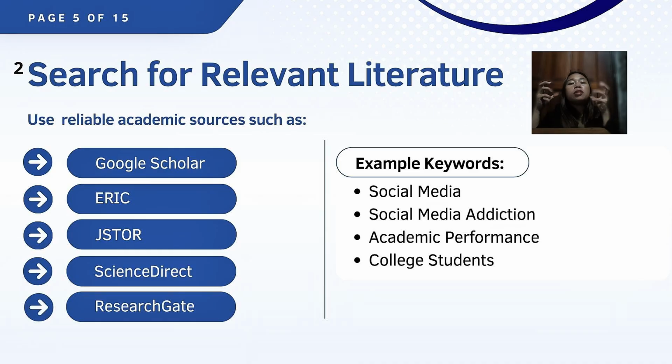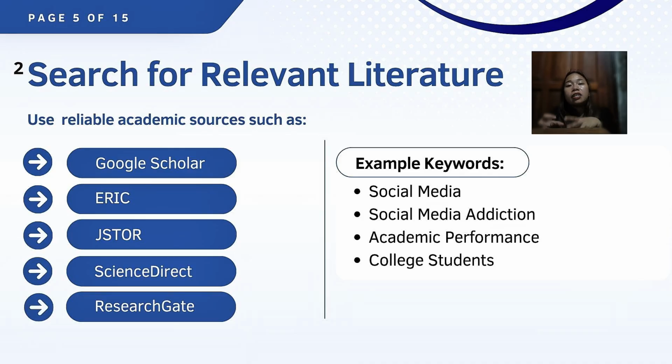Some of the most commonly used databases are Google Scholar, JSTOR, ScienceDirect, ResearchGate, and ERIC. These databases provide access to scholarly sources such as journal articles, theses, and other research publications.